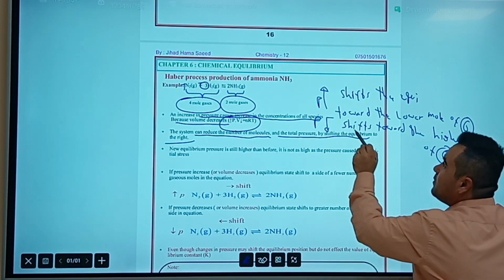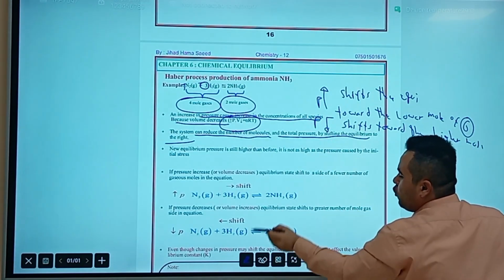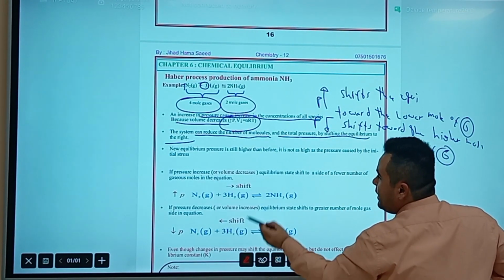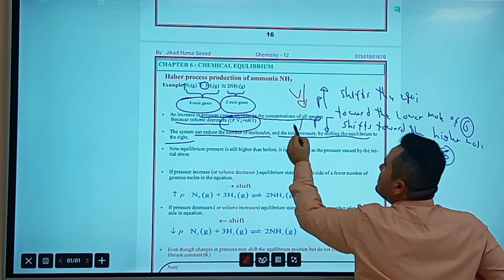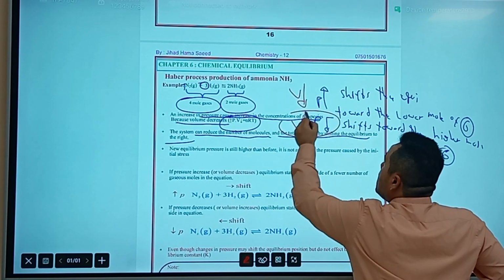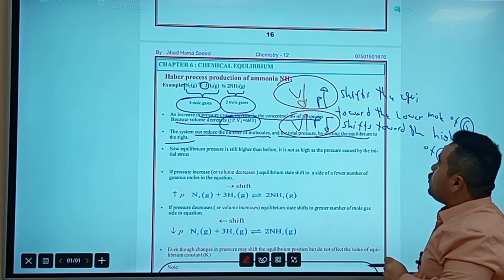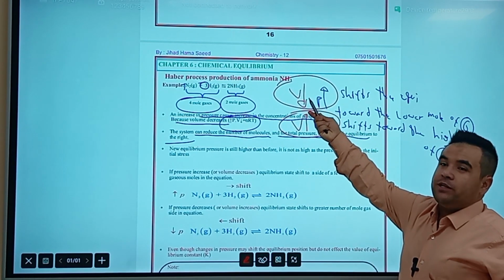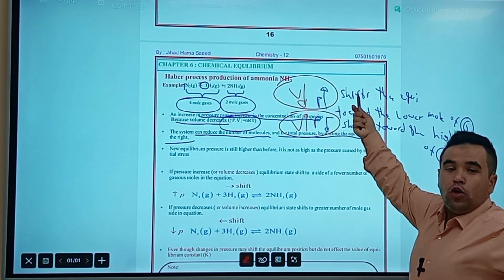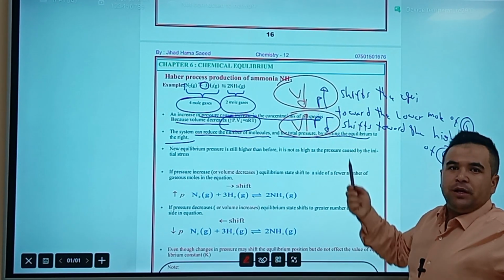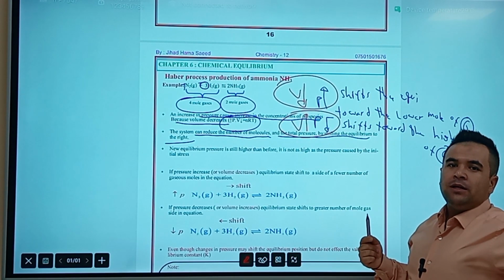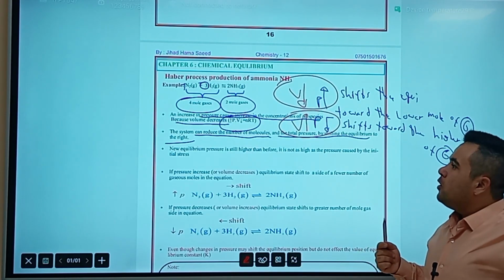Guys, you know that pressure is inversely related to volume. So increasing pressure means decreasing volume, and decreasing pressure means increasing volume. Whenever the pressure increases and volume decreases, the shift is toward the lower amount of gas, but when volume increases and pressure decreases, the shift is toward the higher amount of gases.